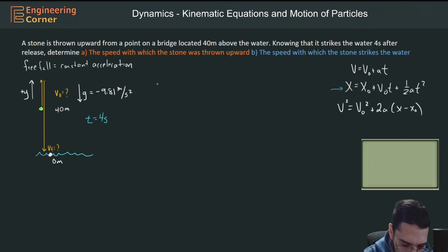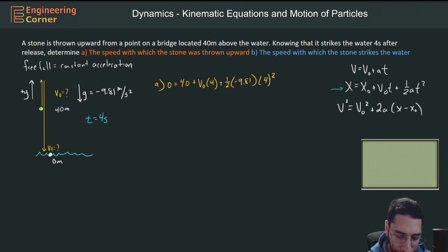So for y, we have 0 is equal to our initial position, 40, plus our initial velocity, that's what we're solving for, times 4, plus 1/2 times my acceleration, which is minus 9.81, times 4 squared.